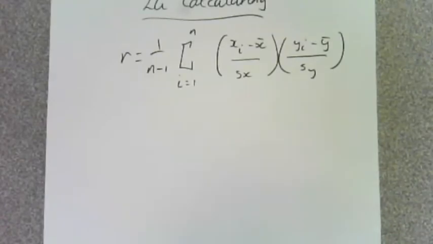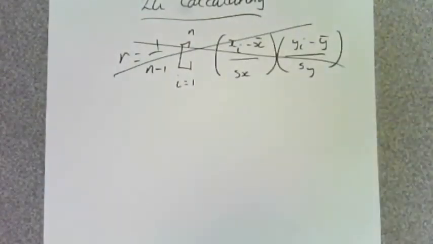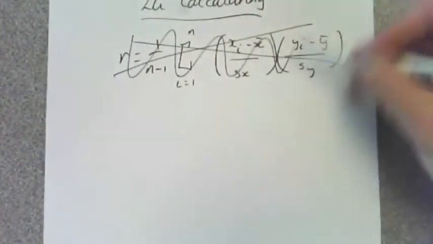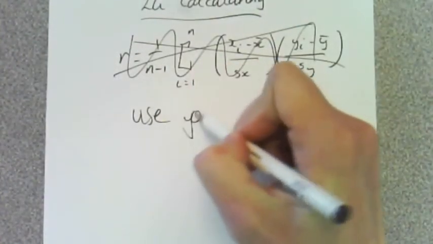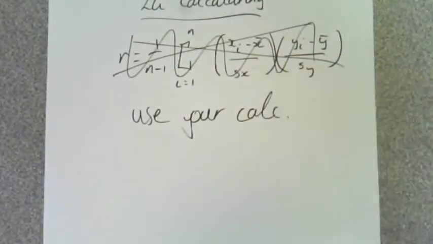You guys don't care about it. Don't even bother. It's in the book, but you don't need to know about it. All you need to do is use your calculator. Don't even bother trying to learn that. Use your calculator. So when you're doing this, you need to have your calculator with you.